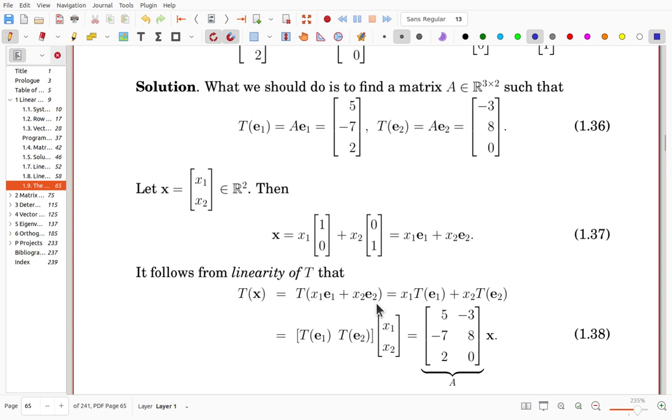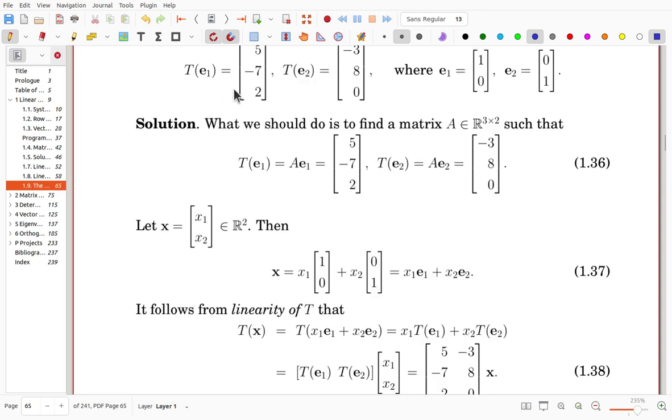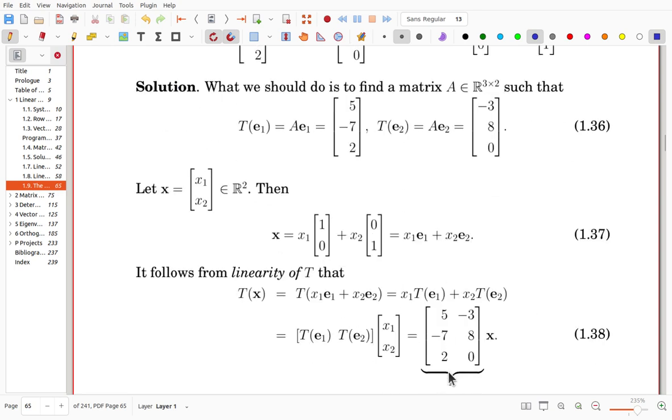In the beginning, we assumed T is linear, so by using the linearity of T, we can reach this one. Now this term can be written in this way: this vector, that vector, collected here, and x1, x2. Now T e1 and T e2 are given here so that we can get this matrix. T of x is this matrix times x.